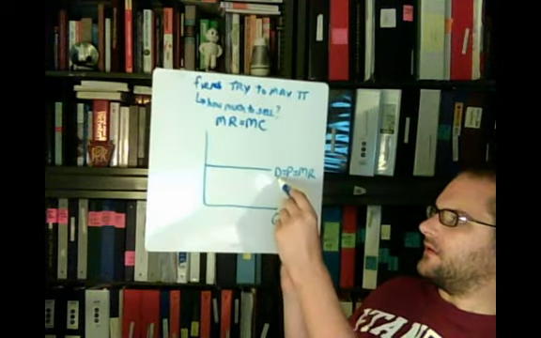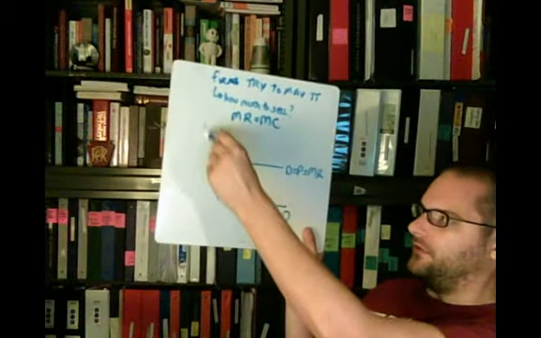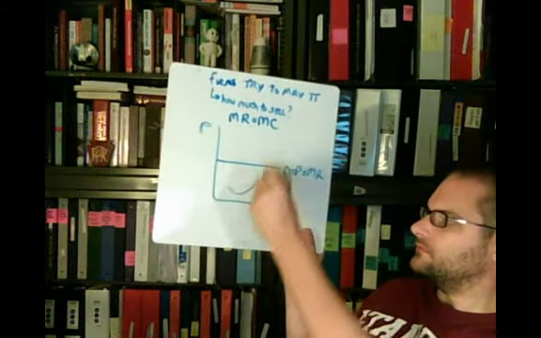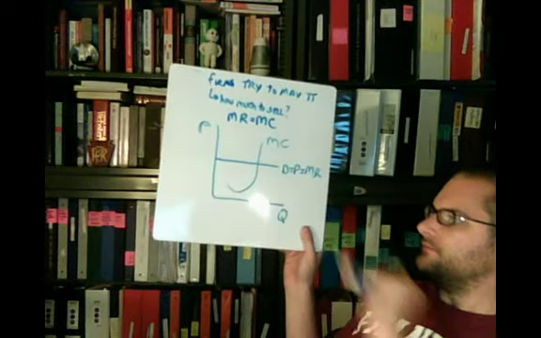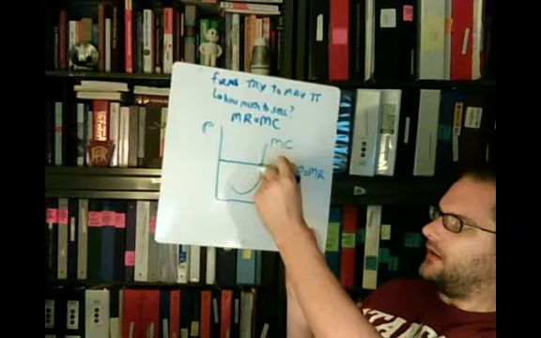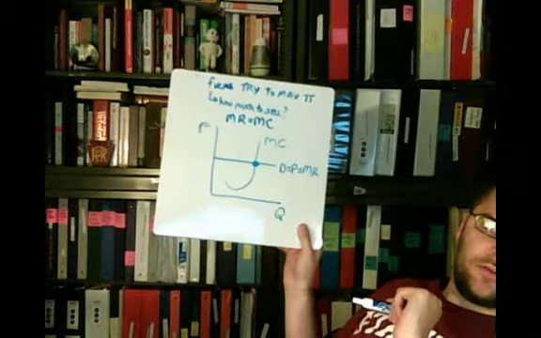So now, if we look at this for an individual firm, right, we showed earlier that for an individual firm, demand equals price equals marginal revenue. Now, how is the marginal cost curve shaped? If you remember from the previous chapter, it's shaped like a J. Look at that. Where marginal revenue is equal to marginal cost.